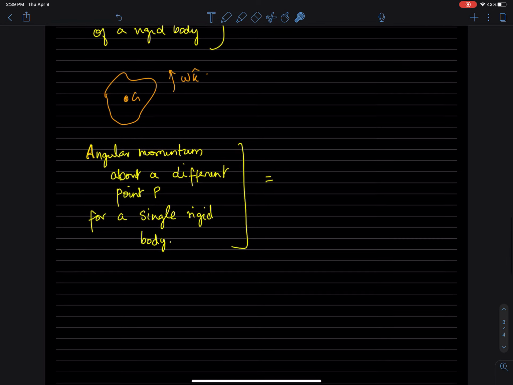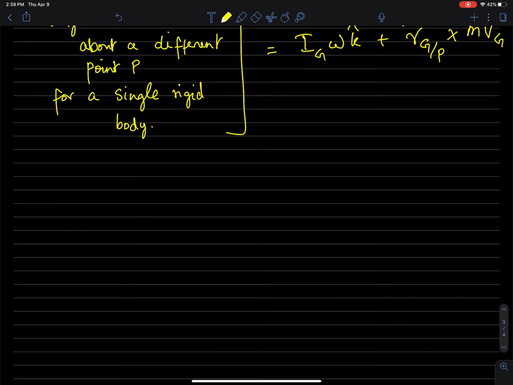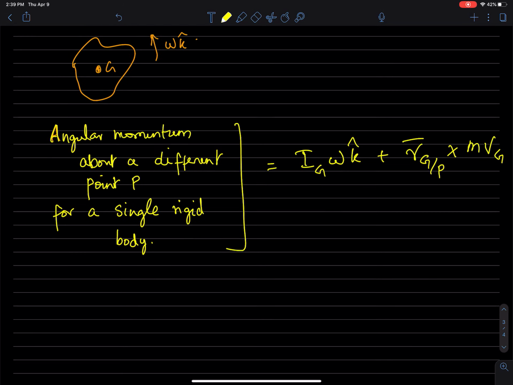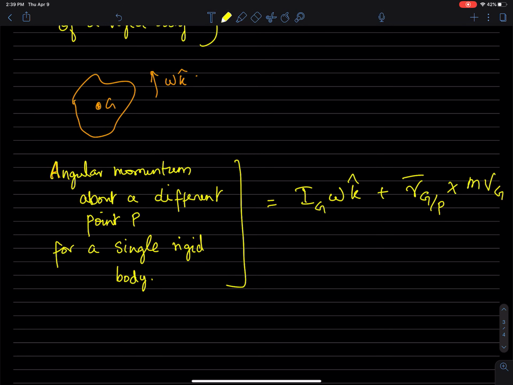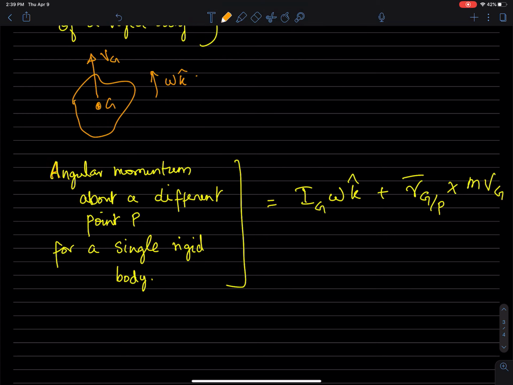So it's basically this term plus r_G with respect to P cross m v_G. Okay, so that's the angular momentum for a single rigid body. So if you have this rigid body and it has some velocity v_G and we have some point P, this expression is the angular momentum of the rigid body about the point P.